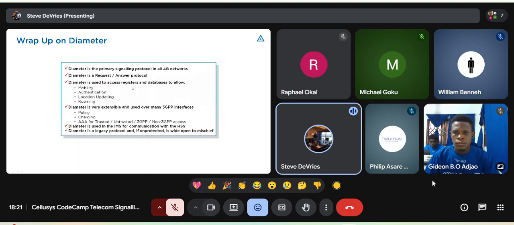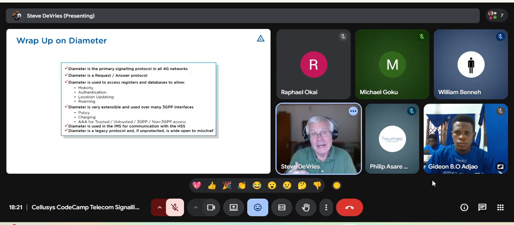Think of it as similar to what SS7 does in second and third generation networks. This is what it's going to do in LTE or fourth generation networks: things like mobility, authentication, location updating and roaming. All this communication between these devices is now done with diameter in 4G networks.